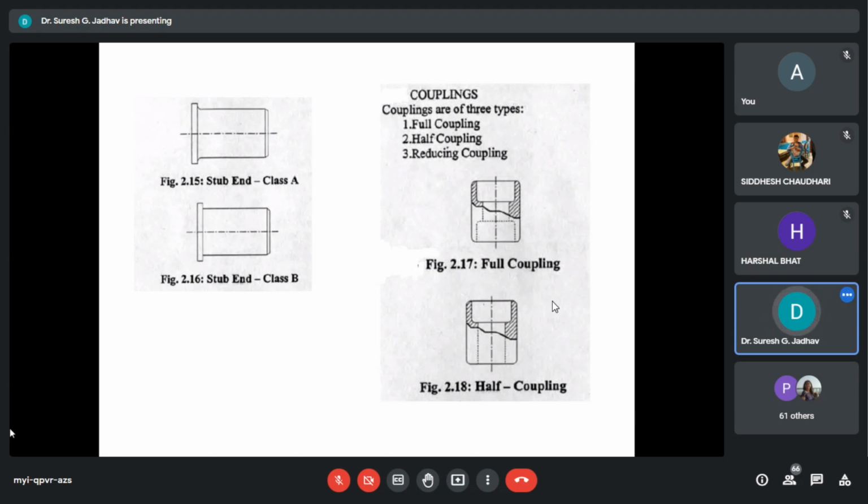When class A stub ends are used, the inner diameter of the backing flange is chamfered for better seating. You might have heard this terminology, chamfered, in workshop technology. The minimum lap thickness should be the same as that of the pipe wall.